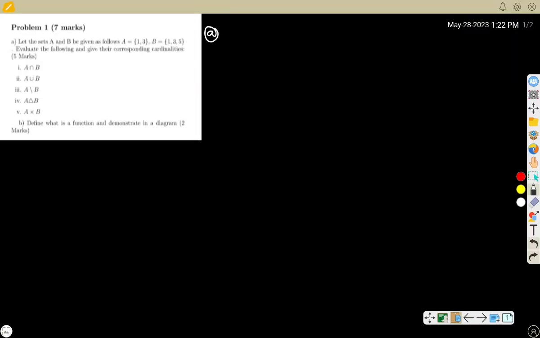So let's solve these set questions. Let the sets A and B be given as follows. A is given as 1, 3, and set B is given as 1, 3, and 5.